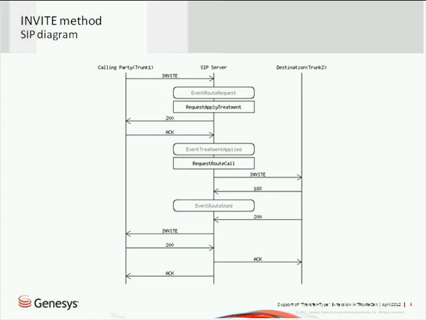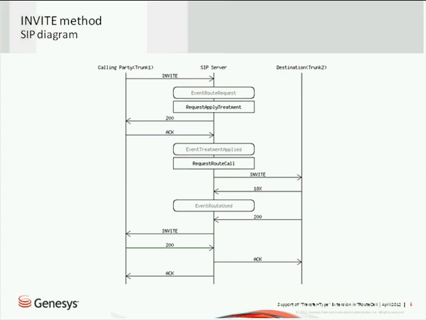So SIP server will generate event route used, and later we'll get some 200 OK to our invite. That 200 OK will have SDP, will provision it back to the caller.